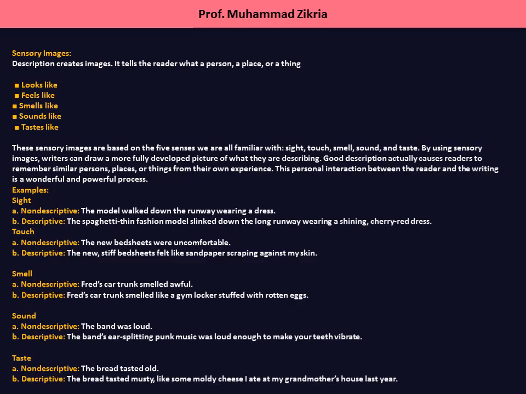Smell, non-descriptive: Fred's car trunk smelled awful. Descriptive: Fred's car trunk smelled like a gym locker stuffed with rotten eggs. Sound, non-descriptive: the band was loud. Descriptive: the band's ear-splitting punk music was loud enough to make your teeth vibrate. Taste, non-descriptive: the bread tasted old. Descriptive: the bread tasted musty like moldy cheese I ate at my grandmother's house last year.